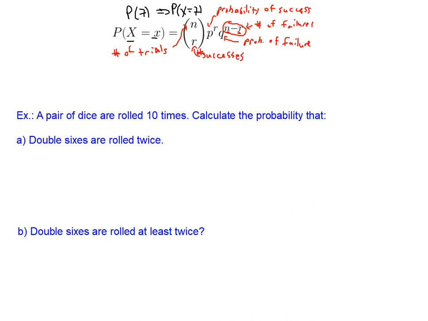So here's the example. We have a pair of dice. I should say a pair of dice, not a paradise, but a pair of dice. They're rolled 10 times, and we're going to calculate the probability that double sixes are rolled twice. So really what this question's asking for is what is the probability that our random variable, maybe we should define our random variable first.